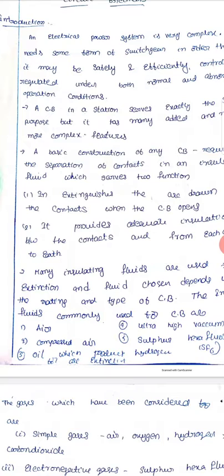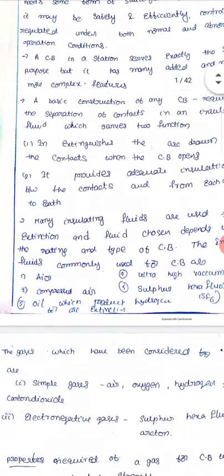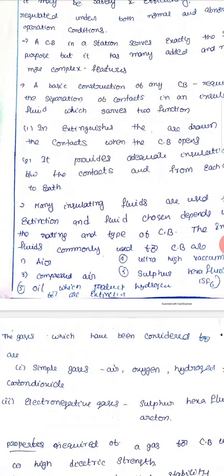So air, compressed air, oil, vacuum, gas: these five are insulating fluids. Depending on the rating, we choose the insulating fluid in a circuit breaker.